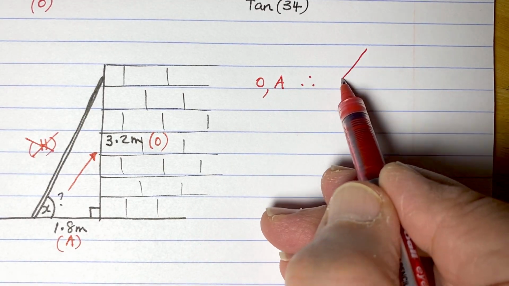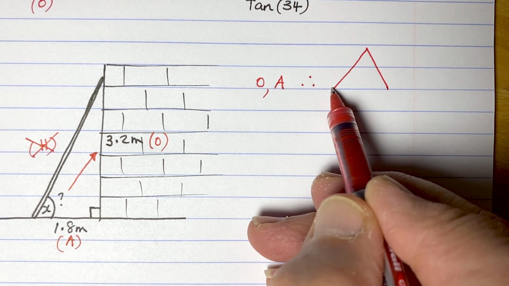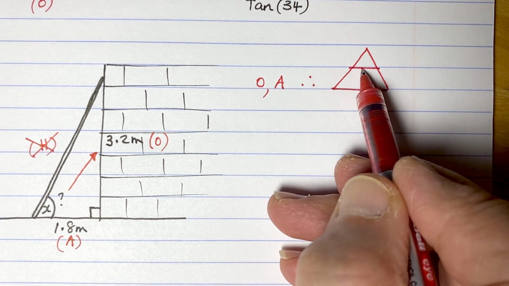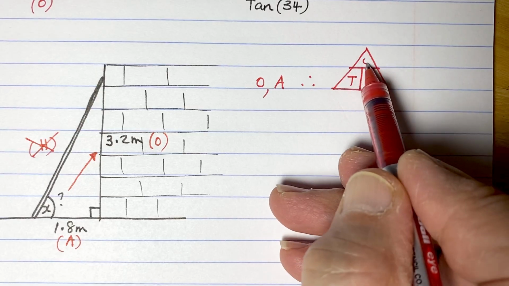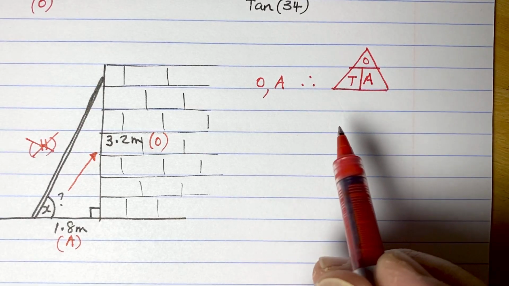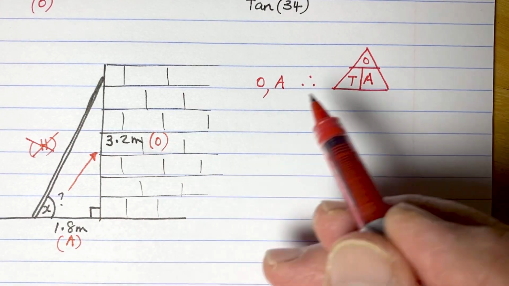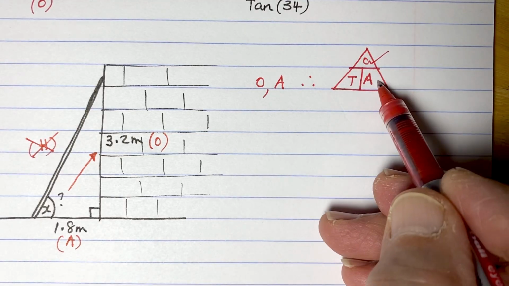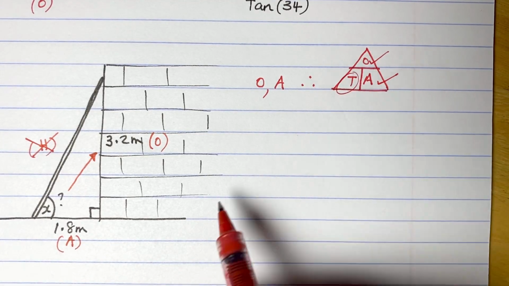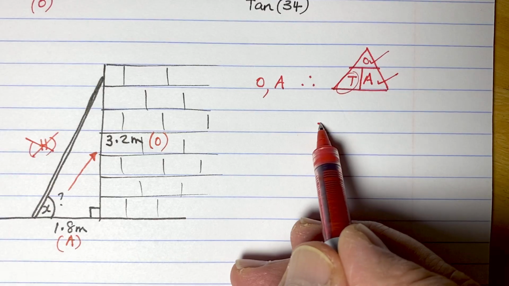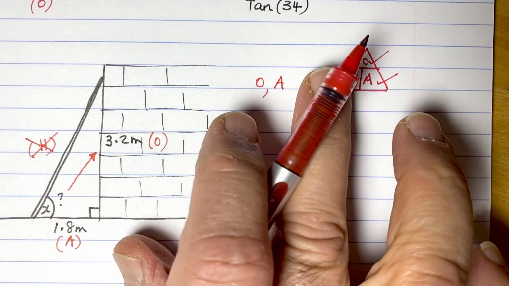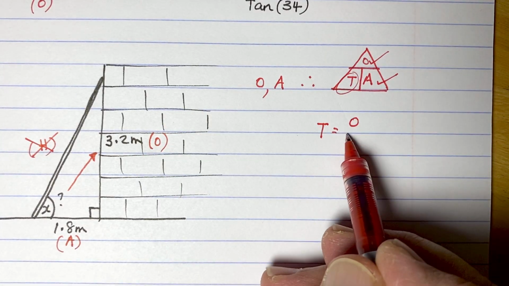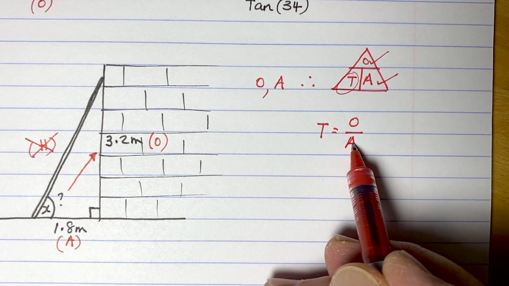Therefore, TOA. Am I looking for O? No, O is 3.2. Am I looking for A? No, A is 1.8. So I must be looking for T then. So T equals, if you cover T, you divide O by A.